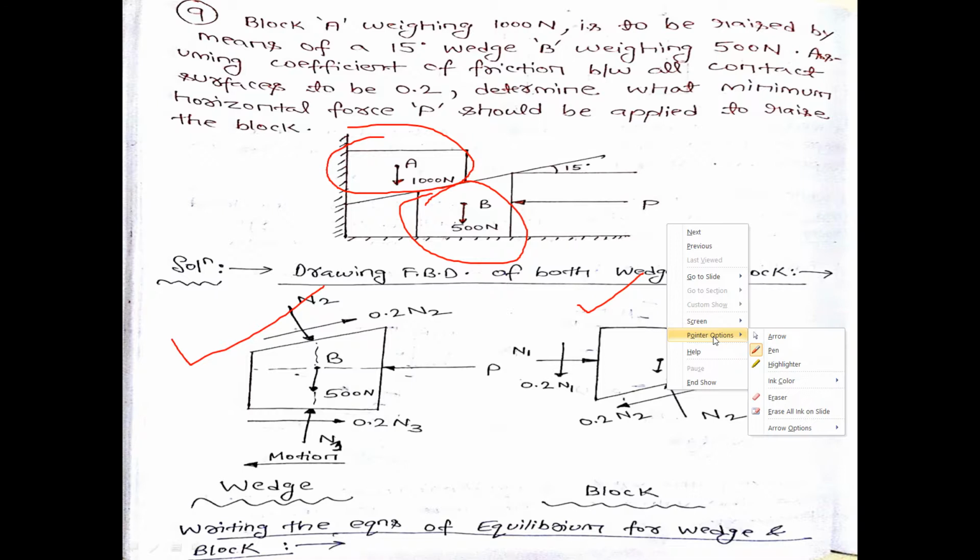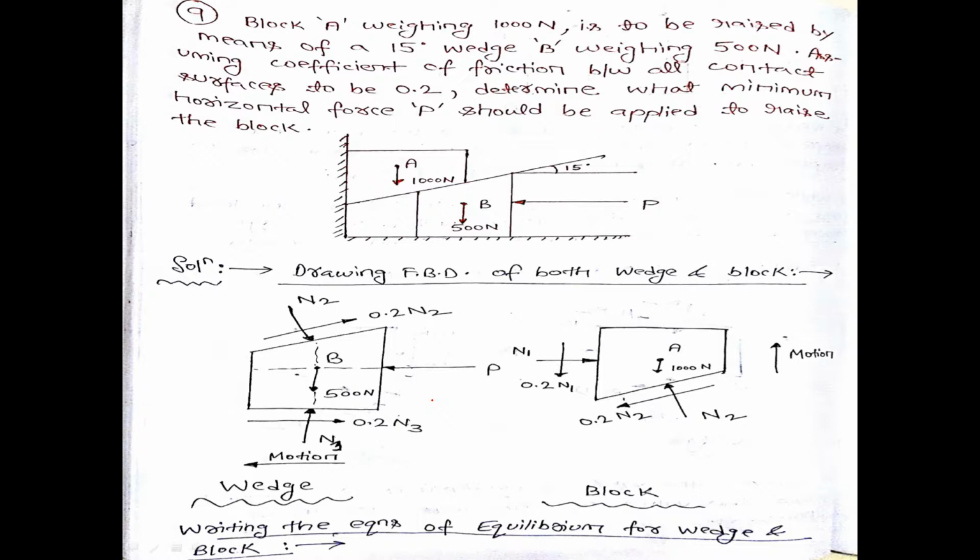Are you audible, sir? Okay, what I was telling was that we need to draw the free body diagram of the wedge B and the block A separately, and then use the equations of equilibrium. We have to eliminate something, and by this process ultimately we will get the value of force P.